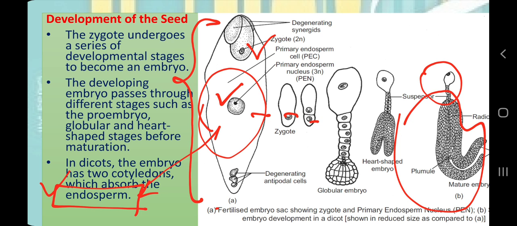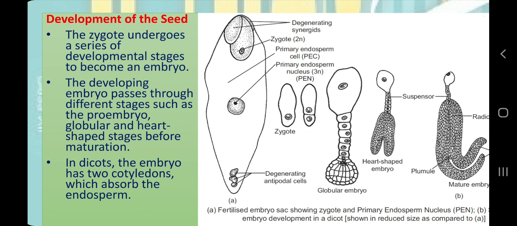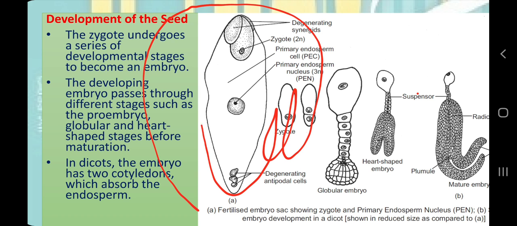What will happen afterwards? This zygote plus the complete ovule, the rest of the ovule also, because as we all know, this embryo sac we can find in the ovule. So this was the ovule previously, and in the ovule we find the embryo sac. And where do we find the ovule?